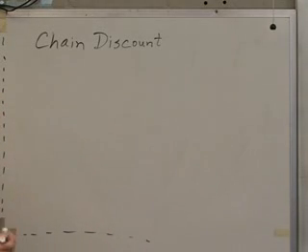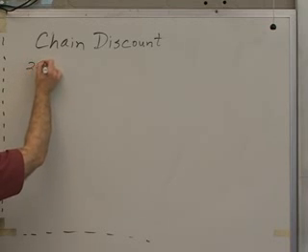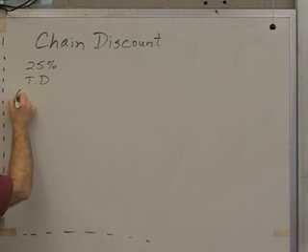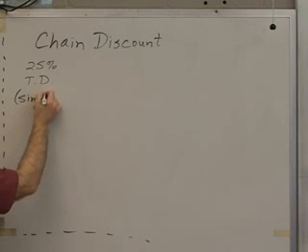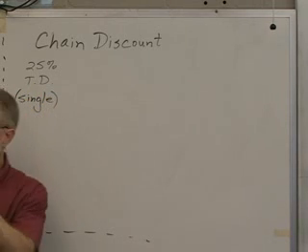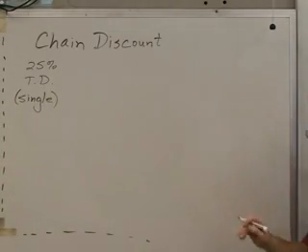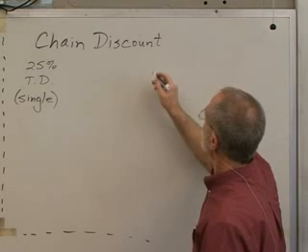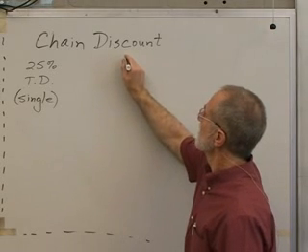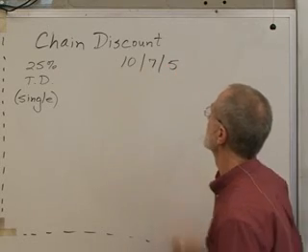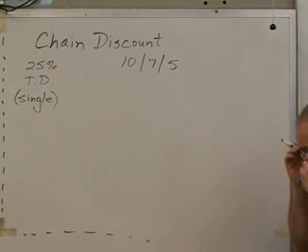Let's talk about chain discounts. Instead of offering a 25% trade discount, which we could also call a single discount, in other words one number, 25%, some manufacturers or wholesalers offer us a chain discount, let's say 10/7/5.